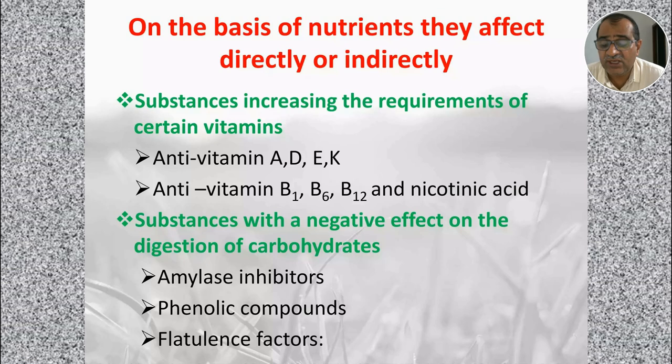An example of these substances is the amylase inhibitors. Another is the phenolic compounds, which are actually regular constituents of cattle feed, and most of the time phenolic compounds are secondary metabolites of plants.